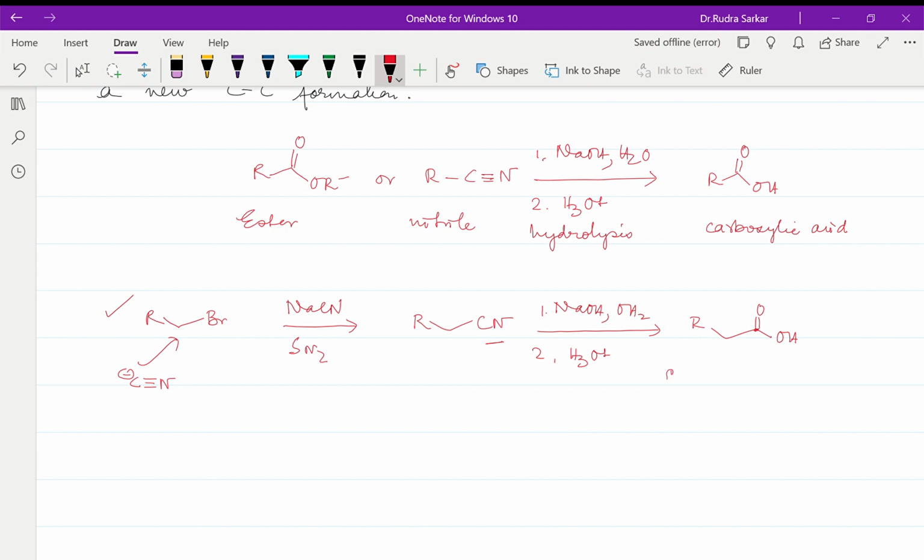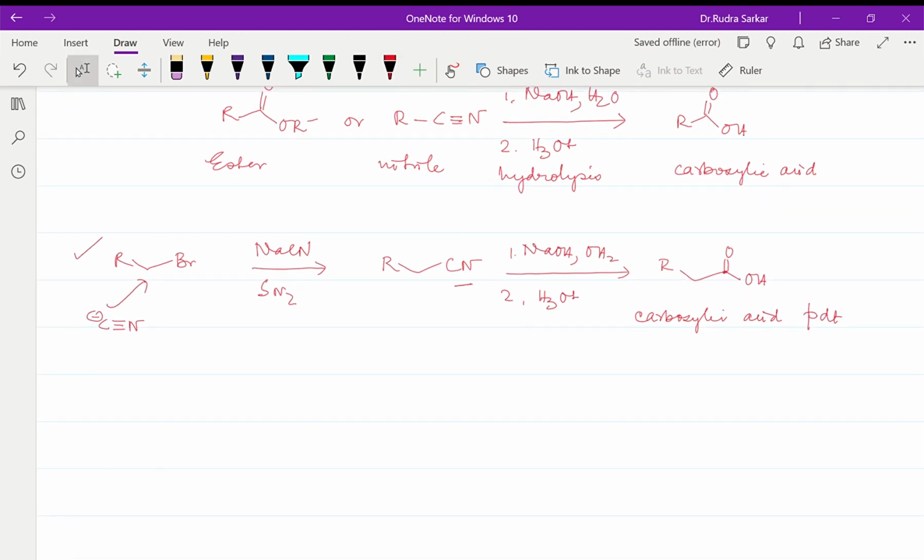So we will say the carboxylic acid product over here has 1 more carbon than the starting material, alkyl halide. So that is the vital part of this reaction.